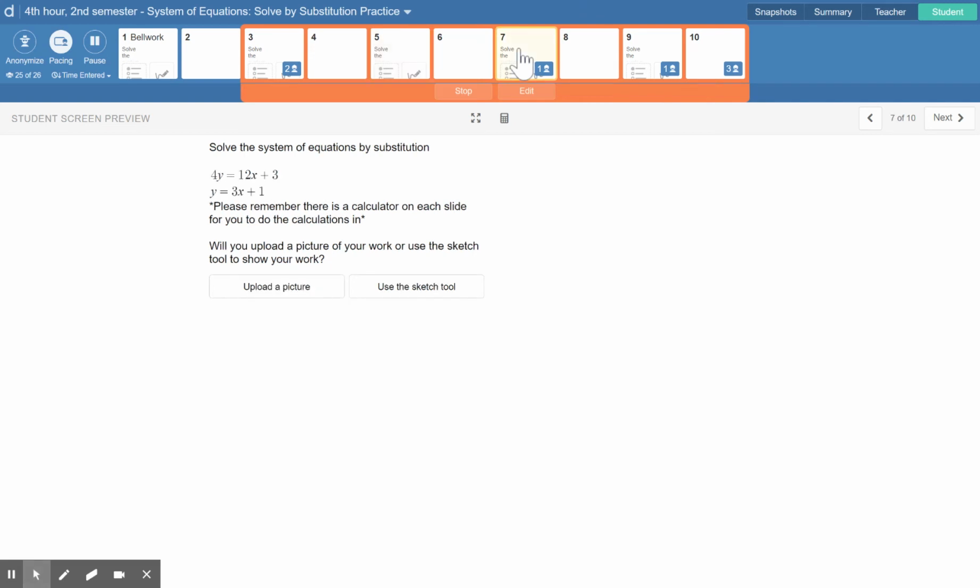Now if we move to slide number 7, notice that we have a y equals now. That's okay. We're going to put that into the y on the left-hand side. For substitution, it doesn't matter if it's y equals or x equals. That's the nice thing about substitution, that it does not need to be in a certain form.